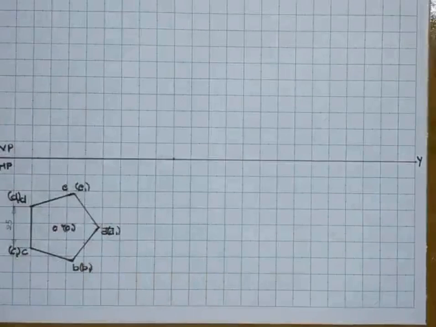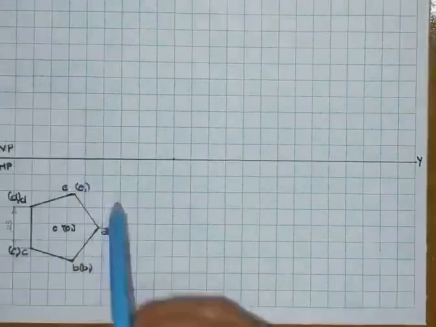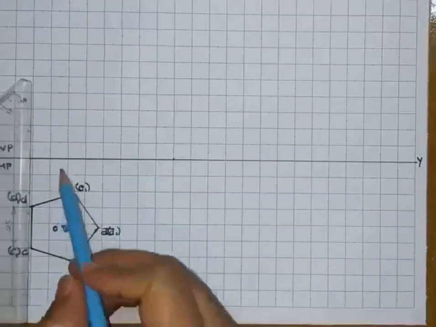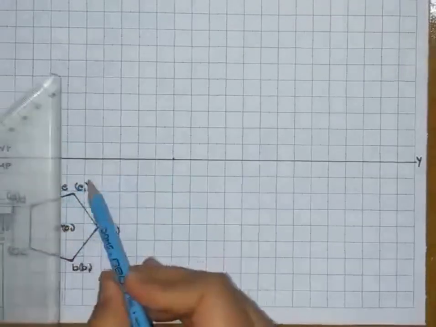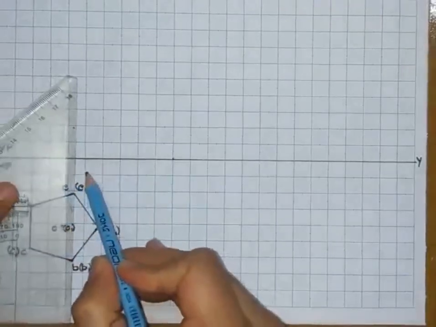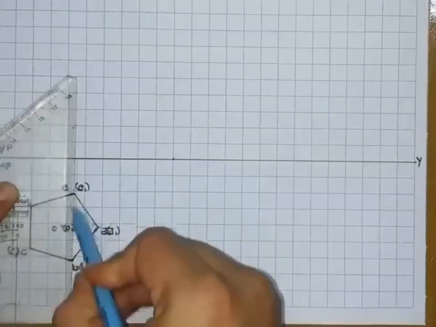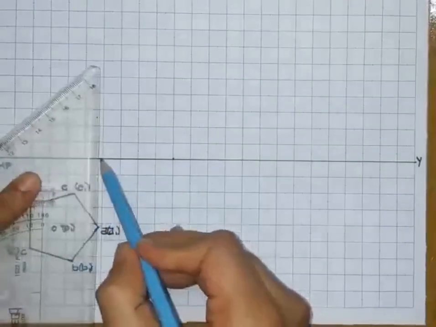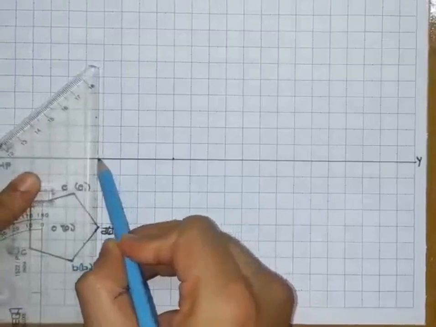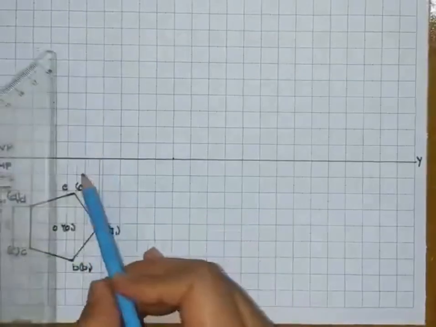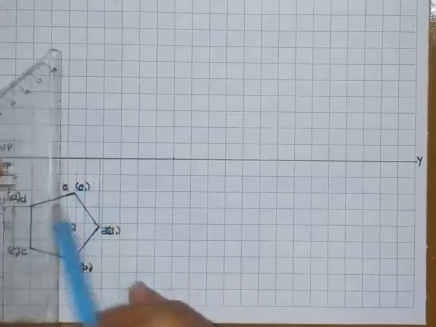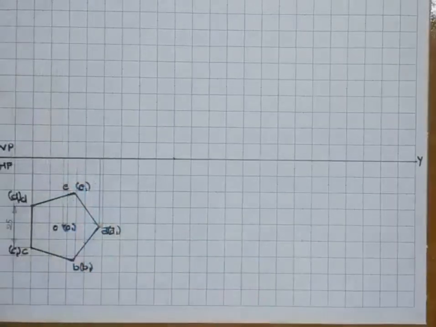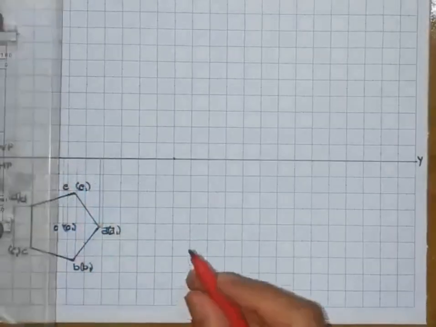Now for drawing the front view, project all these points to VP. First of all, I am going to mark the axis.